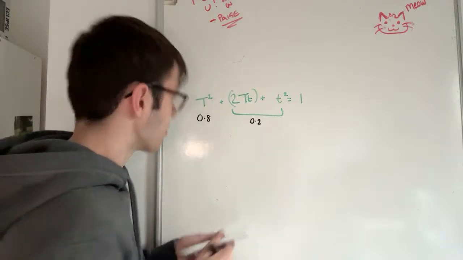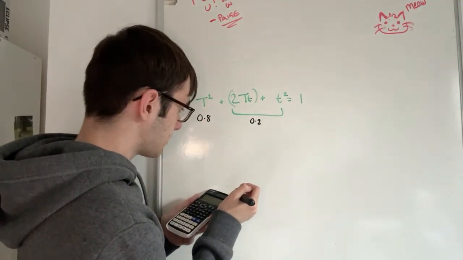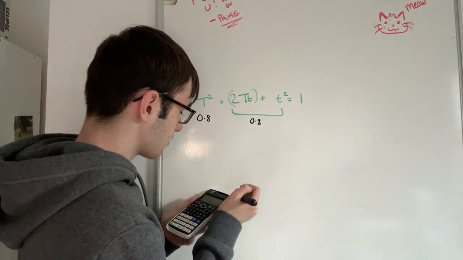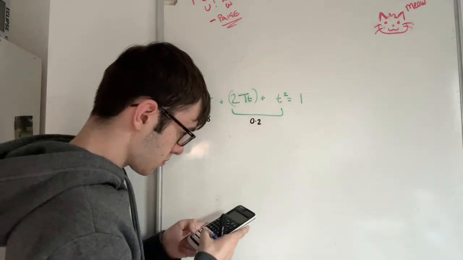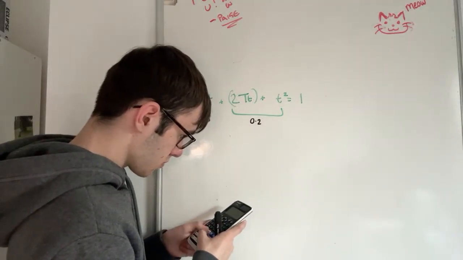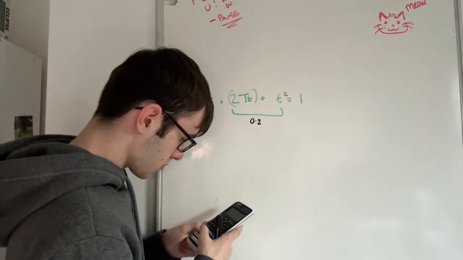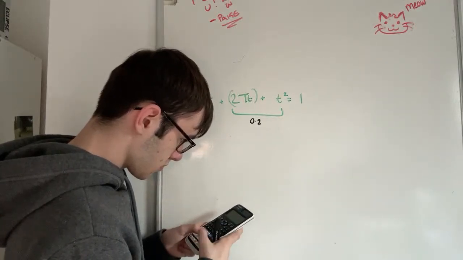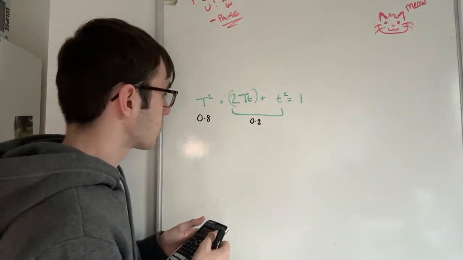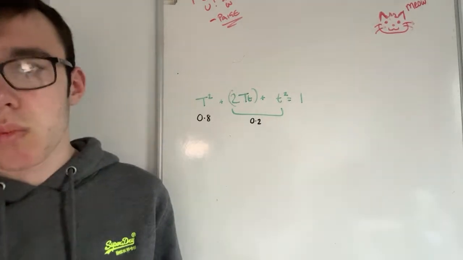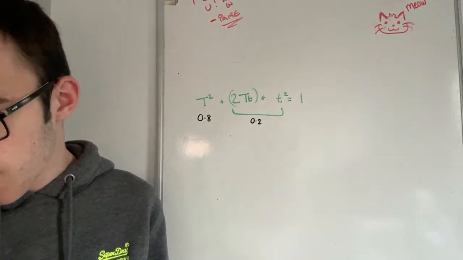Because why would they make these numbers this difficult to understand? Oh, what the fuck? 2 marks for correct answer of 4.